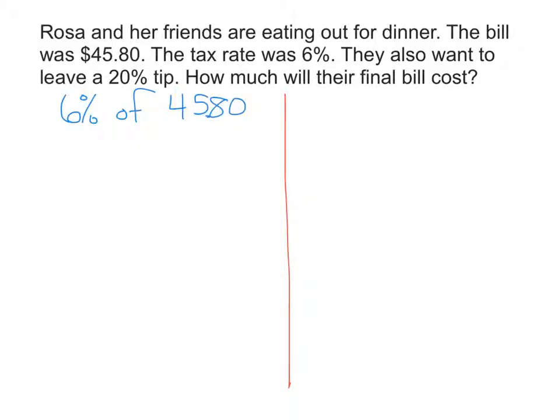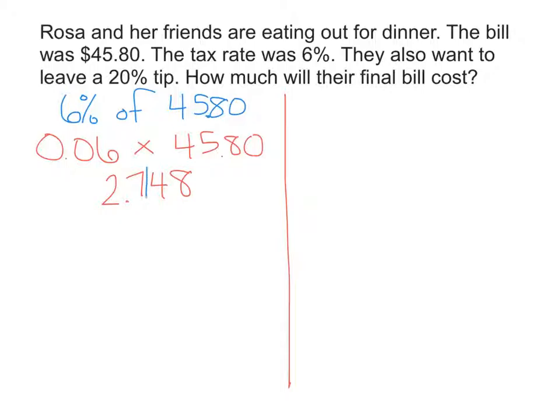Okay, so we'll change our 6% to a decimal. Of means multiply, and we multiply 45.80. And we get $2.748.